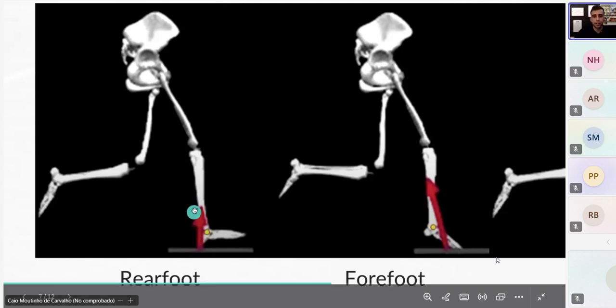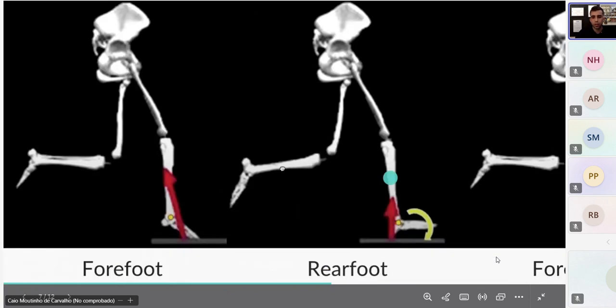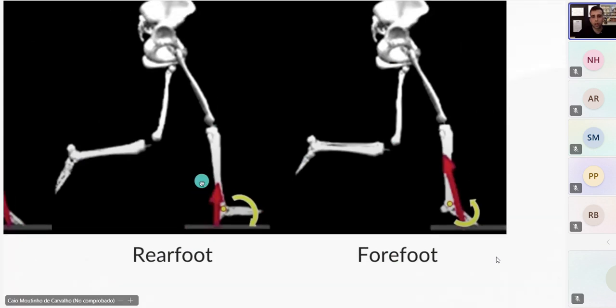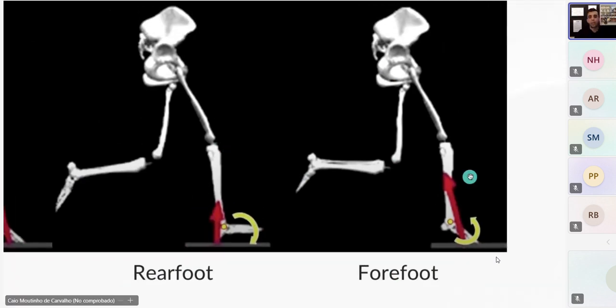So here is the applied force, the ground reaction force, and how it normally points, and the same way here. Whenever you have a rear foot landing, our natural tendency, as shown by the yellow arrow, is for our foot to go down like this, to do a plantar flexion. That's normally what we expect.